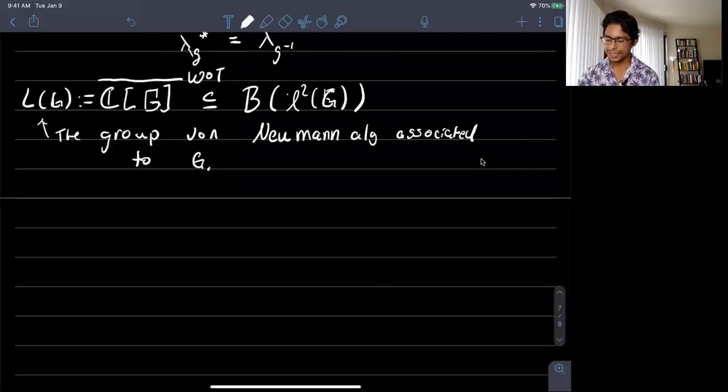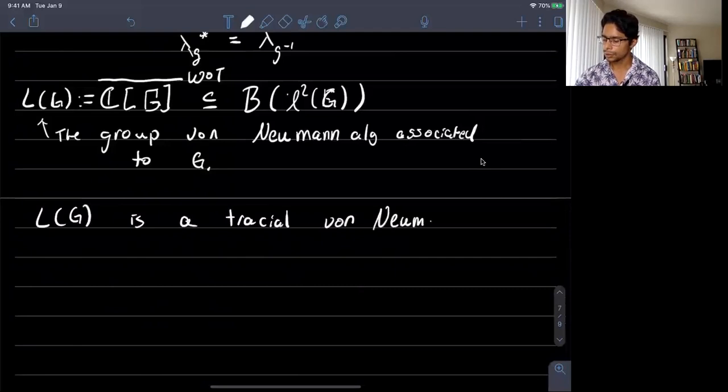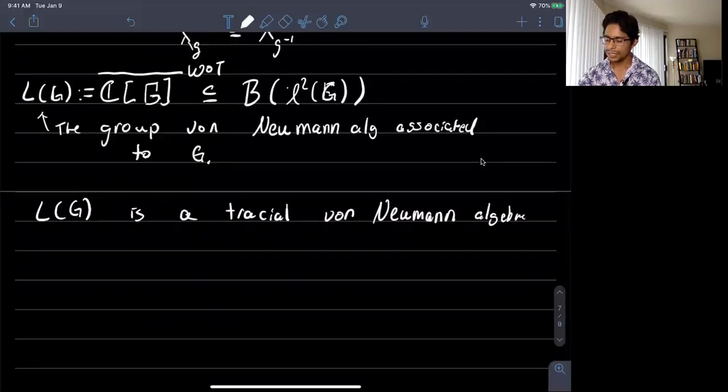And what's nice is that L of G is a tracial von Neumann algebra. What this means is that there exists a function going from L of G into the complex numbers, which is a state, meaning that it's linear and sends 1 to 1.